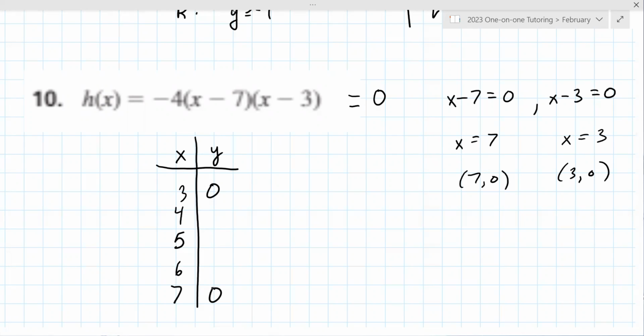Okay, so then 4 plugged in. Where's my calculator? Then -4, parentheses, 4 minus 7 times 4 minus 3 is... Oh, oops.